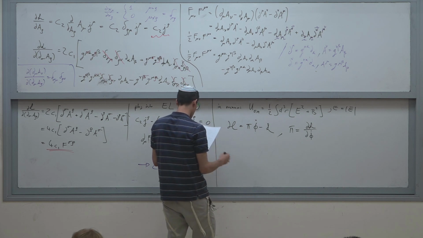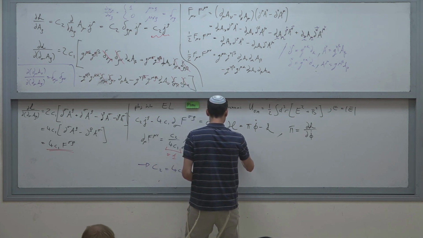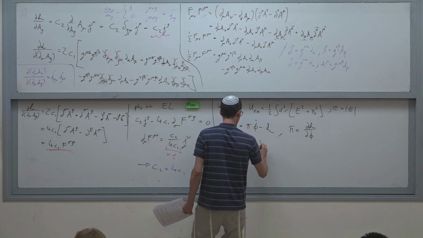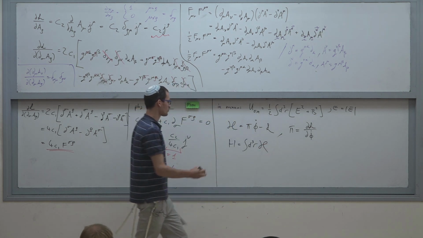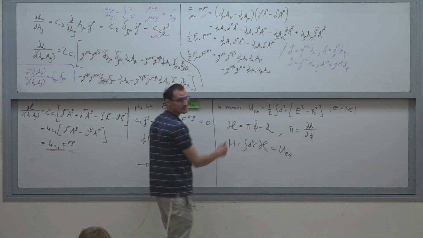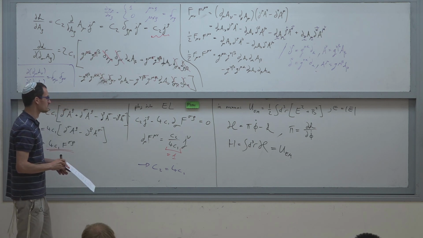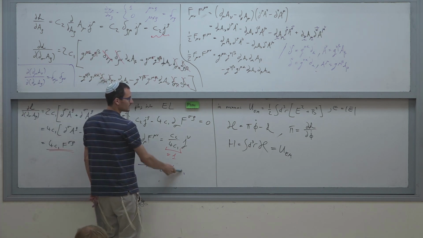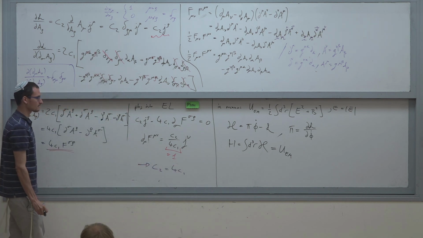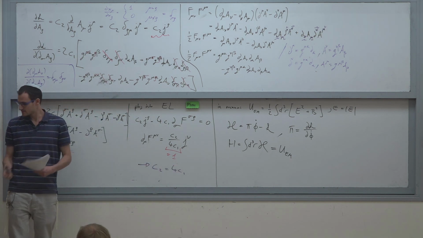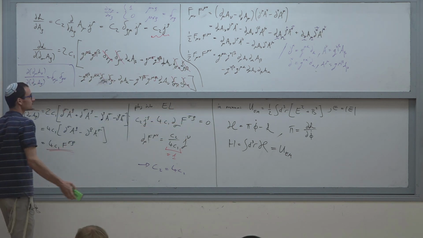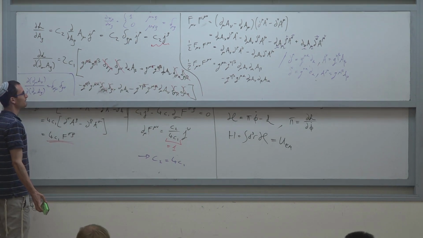And then from this we can construct the total Hamiltonian, which is the volume integral over the Hamiltonian density, and we're going to require that this is equal to what we know is the energy of the electromagnetic field, and this way we'll be able to specify C1, and then from C1 we know C2. So that's the second exercise we're going to solve in electromagnetism.